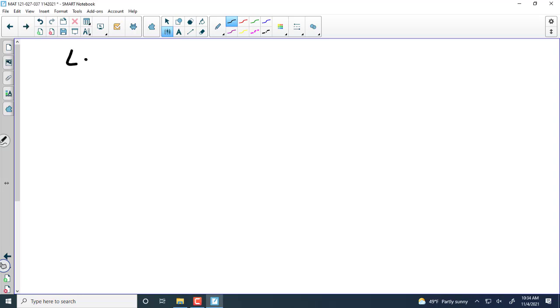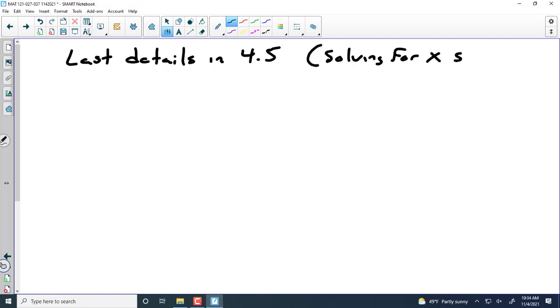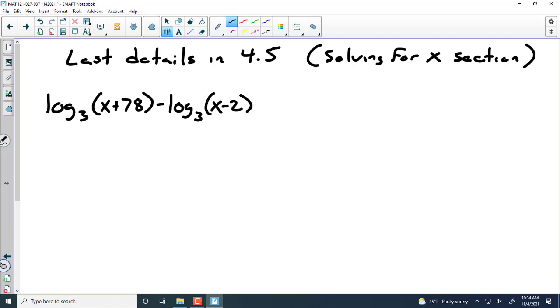So we'll start today with last details in 4.5, which was the solving for x section. All right, so log base 3 of x plus 78 minus log base 3 of x minus 2 equals 4.